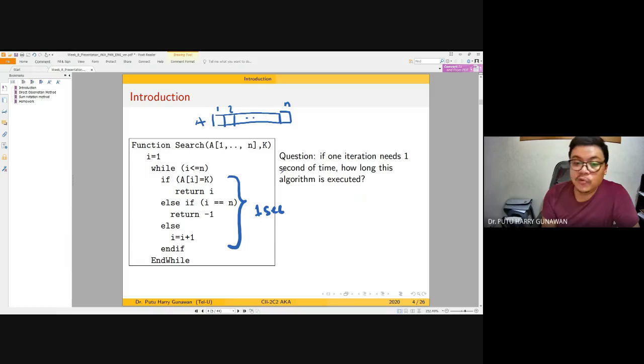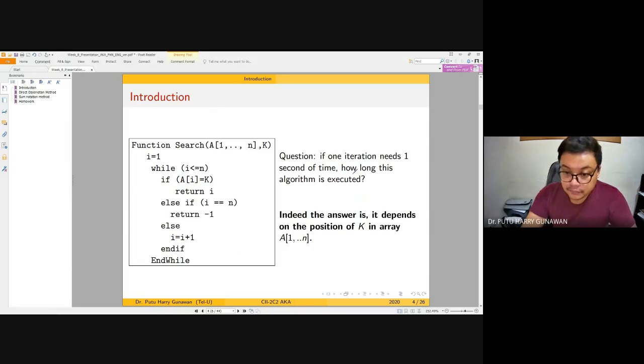Meanwhile, when k is at index 2, this syntax will be executed 2 times, 2 iterations, which means 2 seconds, and so on. So we can analyze it like this.